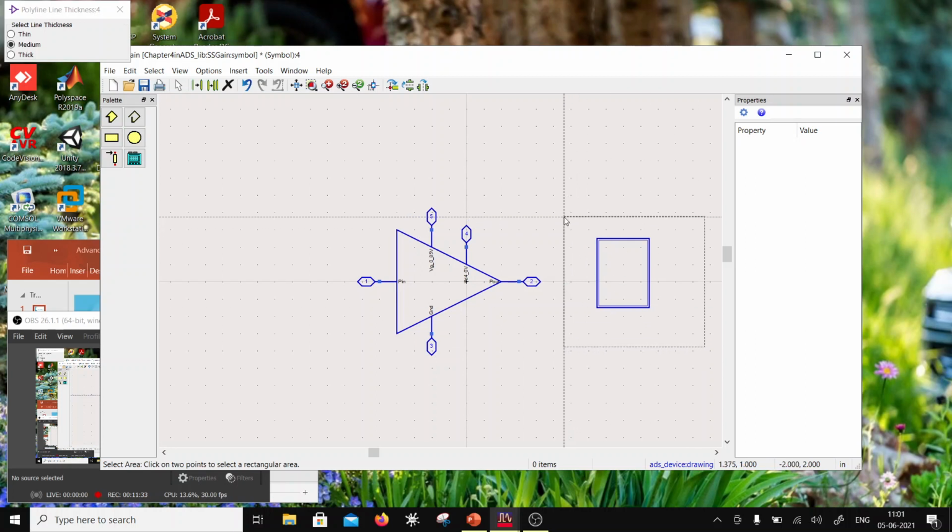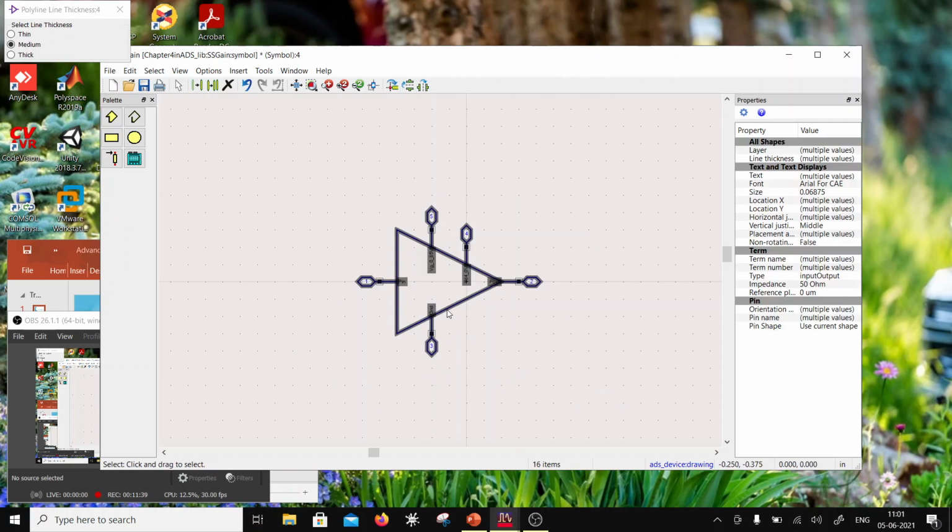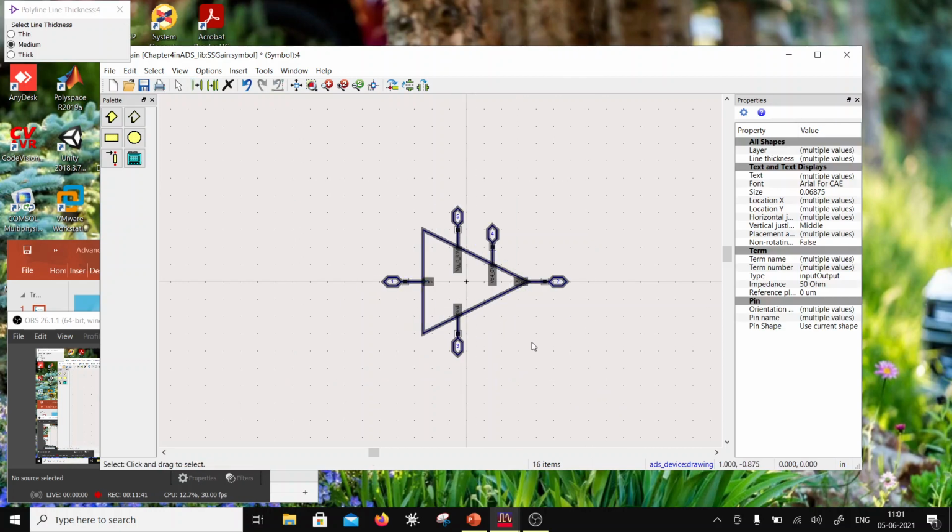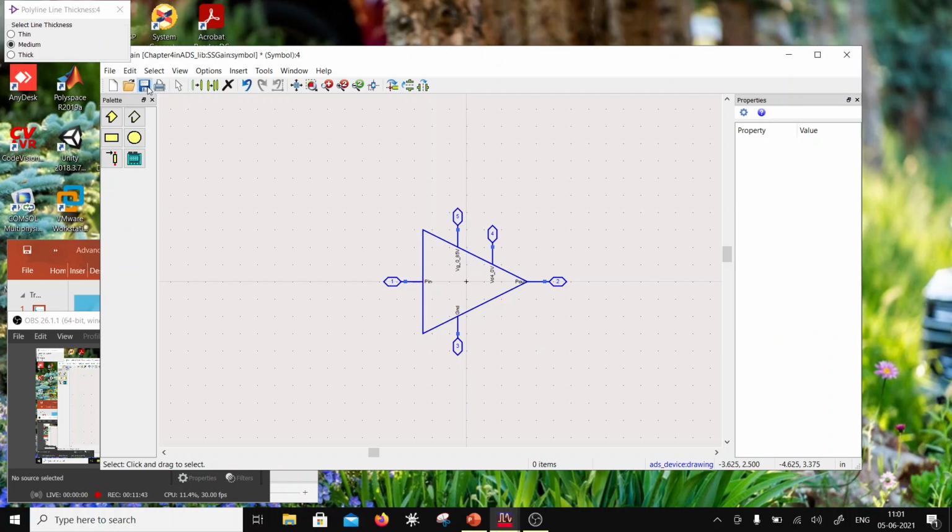Okay, so I'm done with this. So this is my symbol for the PA, the LNA or whatever you call the gain stage, which is tuned at small signal.